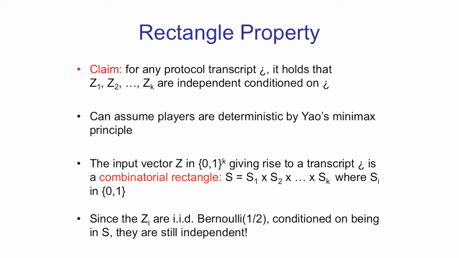So yeah, since the Zi started off as independent coin tosses, now we condition on them landing in a set of this form. Just look at the preimages of this transcript. Well, you can see that they're still independent, right? What are the options for S1?